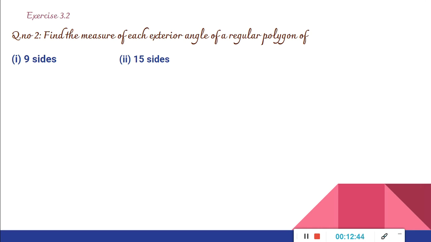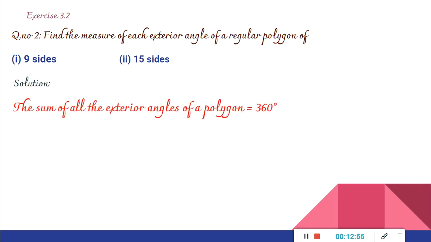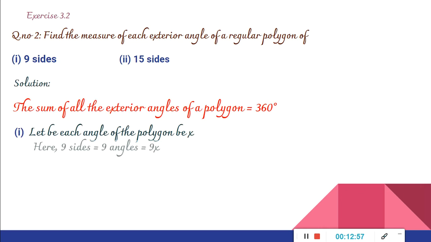So therefore, if we add 9 times, let me take the measure of each angle as x. So 9 sided, so 9 into x, that is equal to 9x. So here we know that total sum of the exterior angles is 360 degree, isn't it? So 9x is equal to 360 degree. So x is equal to 360 upon 9. So what is the value of x?